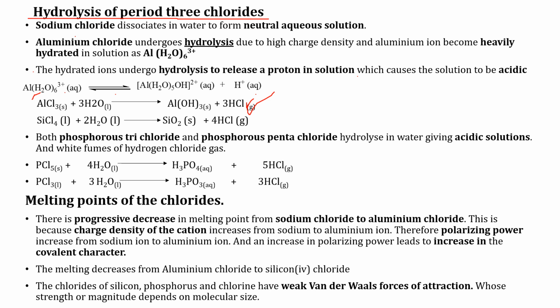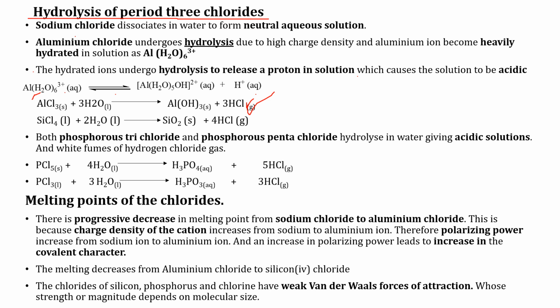Then silicon chloride, we looked at it in group 4. Reacting it with water, it will always form silicon oxide and hydrogen chloride. We said all tetrachlorides of group 4 elements, when they are hydrolyzed in water, will form the corresponding +4 oxides or dioxides with release of hydrogen chloride gas.